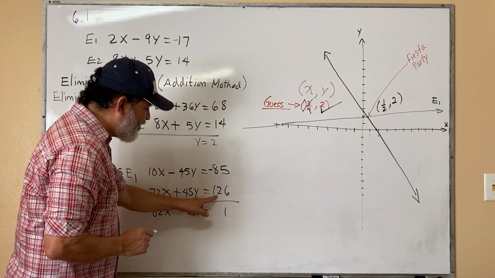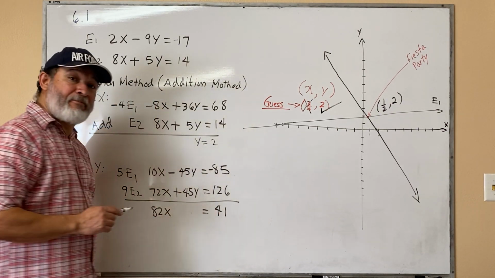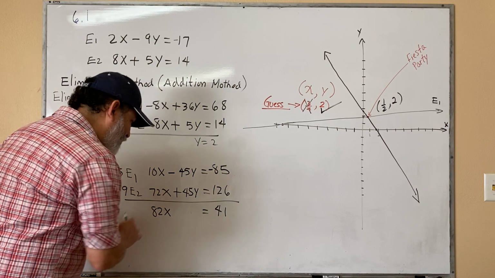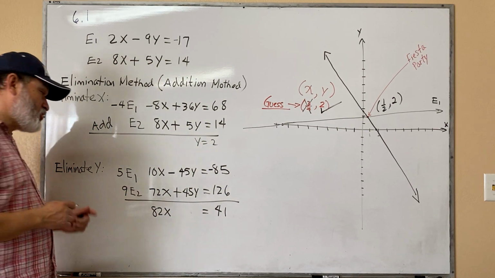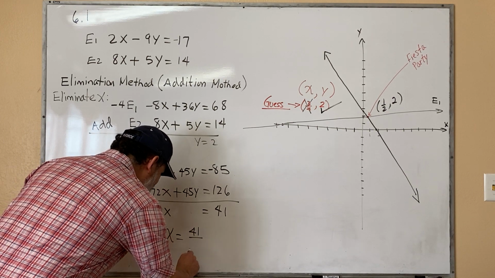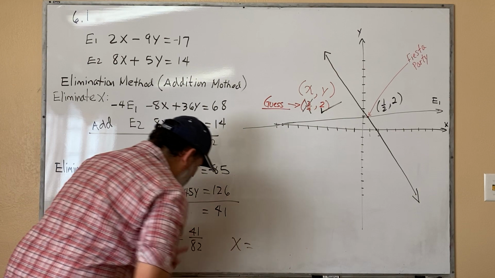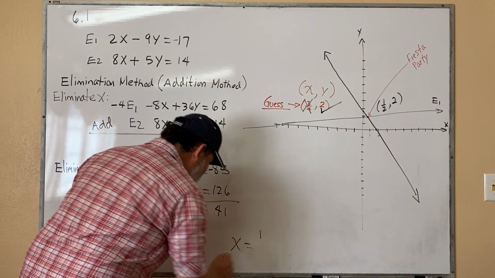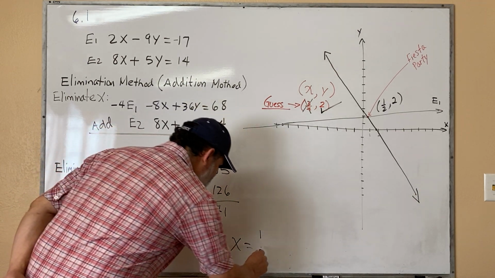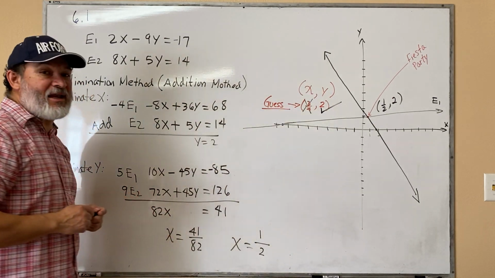And 12 minus 8 is 4. Divide both sides by what? By 82. So that x equals 41 divided by 82. So that x equals, 41 goes into itself once, and 41 goes into 82 twice, and we got the same answer again.